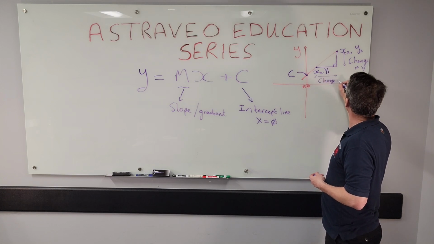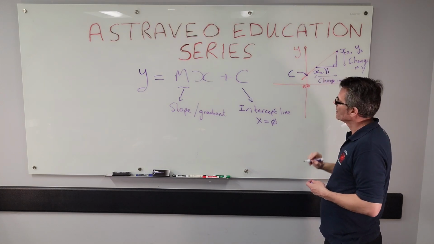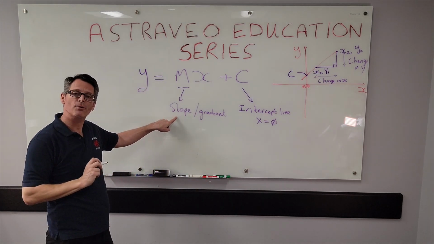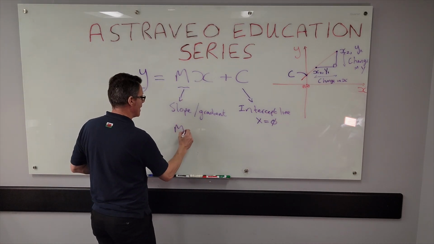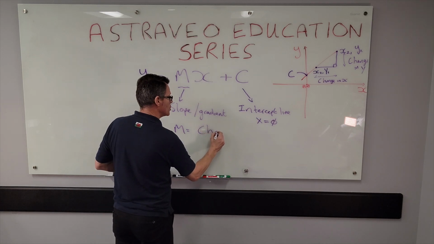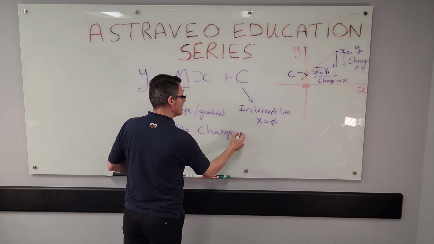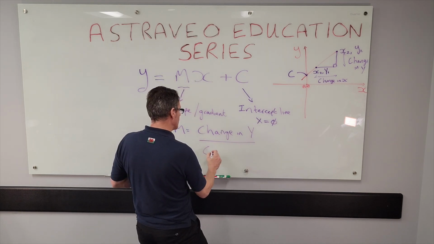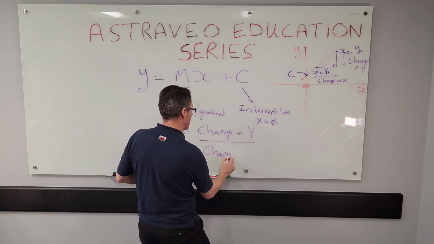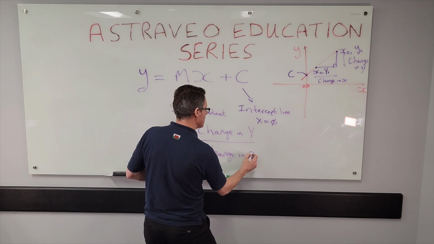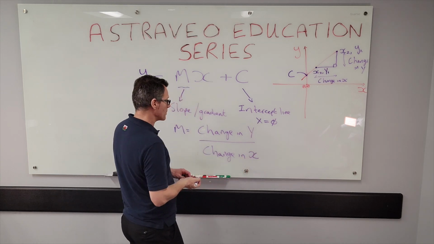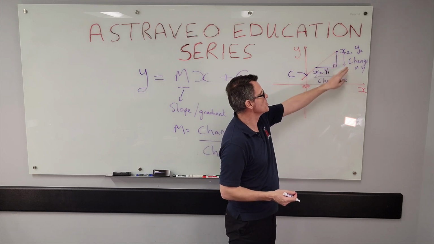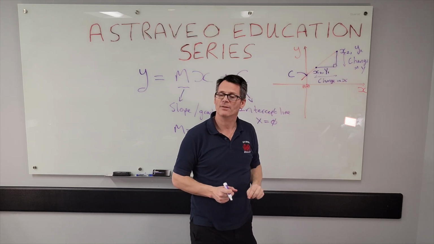So now we can come back to our equation and define the slope or the gradient, the m, as the change in y divided by the change in x. So it's actually quite simple.